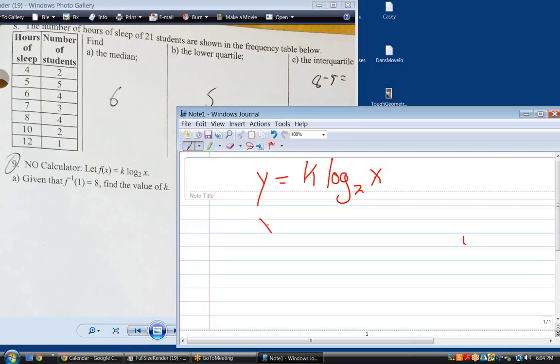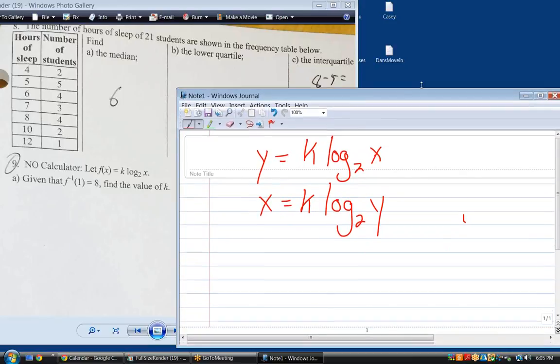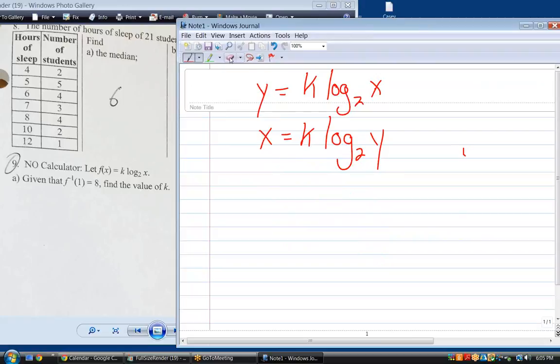Okay, so if I switch the variables, wait, that gives... Oh! I was thinking y prime. That makes more sense now. I think that's what they mean by f to the minus 1 is inverse, as opposed to f prime. Sometimes it's easy to get them confused. So how do I solve this for y?